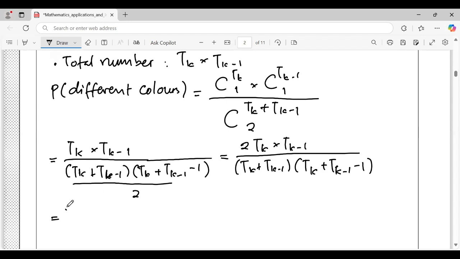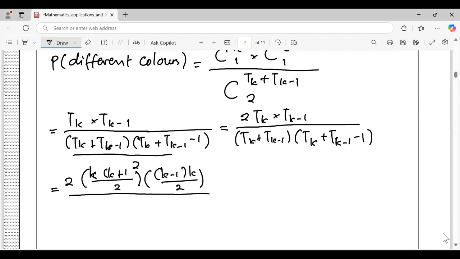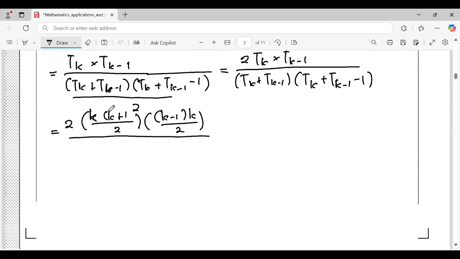The numerator becomes 2 times k times (k plus 1) divided by 2 times (k minus 1) times k divided by 2, over the denominator.